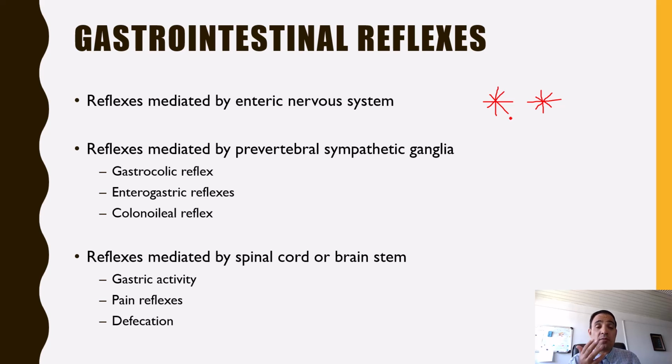I may ask you which reflex is generated by the enteric nervous system, which reflex is generated by the paravertebral ganglia of the sympathetic nervous system and autonomic nervous system, and which reflexes are initiated in higher centers of the brain. For this reason, this slide is very important for me.